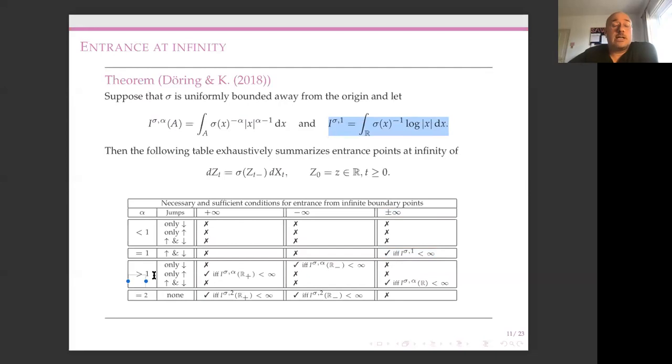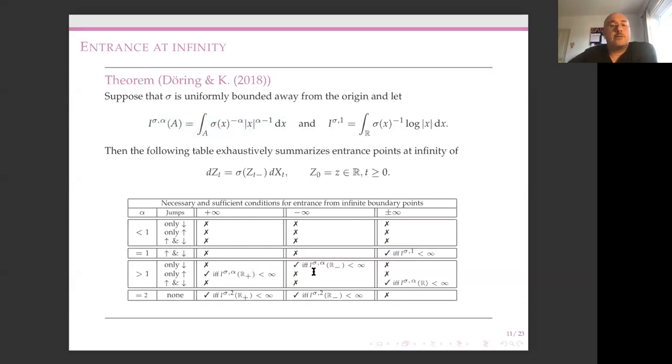Otherwise, when we look at alpha between 1 and 2, then we can come in from plus infinity only if we have positive jumps, and if and only if then we get this criteria holding. So this integral test is up here at the top. And this integral test is much closer to the Feller test. So you can see that if alpha is 2, it is the Feller test.